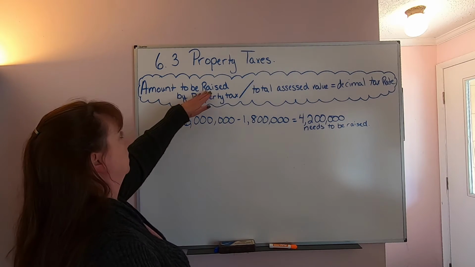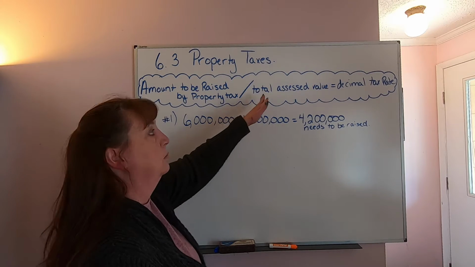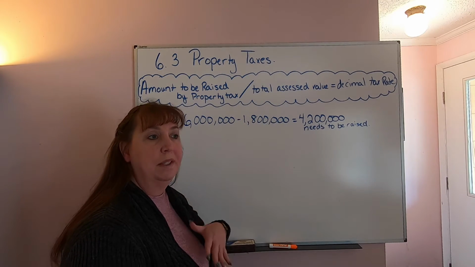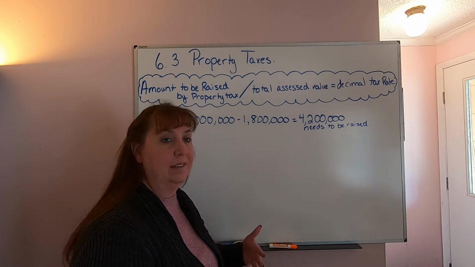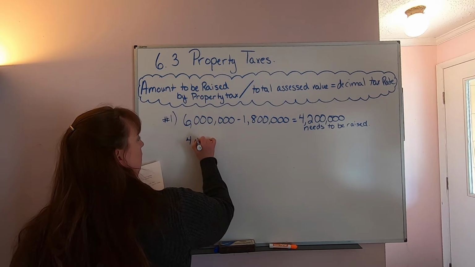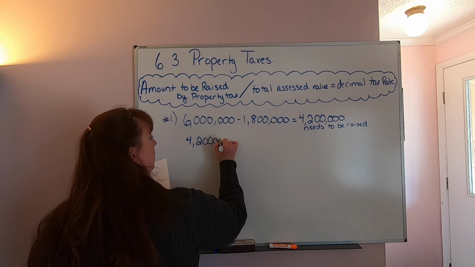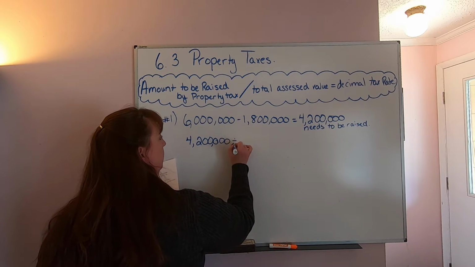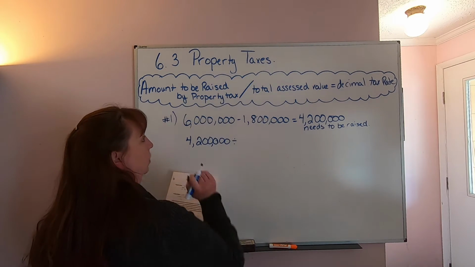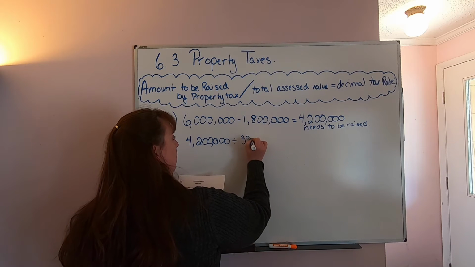So we're going to say the amount that's raised, which was the $4,200,000, divided by the total assessed value. That means the assessed value of all the properties in that district. So we're going to take the $4,200,000 and divide it by the total assessed value, and in this case it was the $39 million.